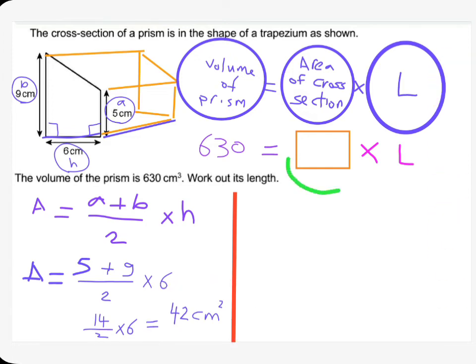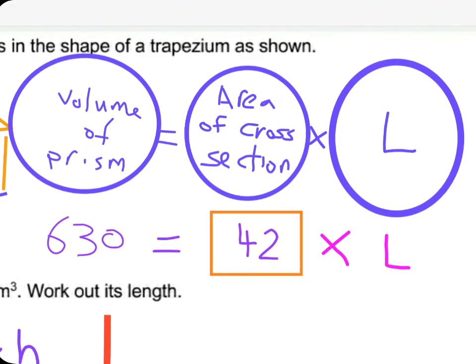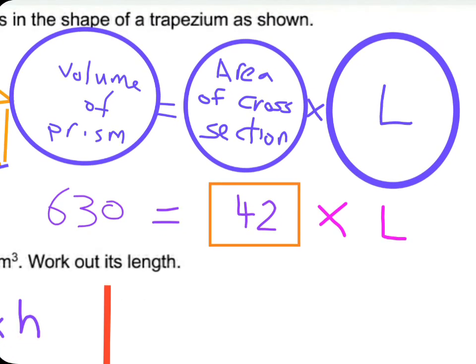We're going to use it here. So the area of the trapezium is 42. We're going to put it here. Now, we went back to the formula of the volume of a prism, which is 630 equals area of cross-section, which is 42, multiplied by the length. Now I want to know what the length is.